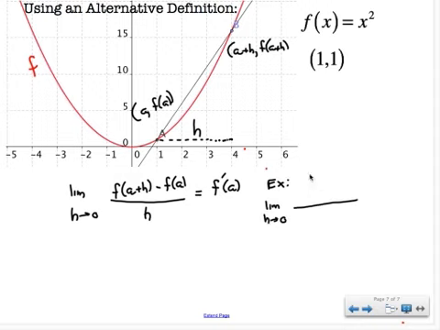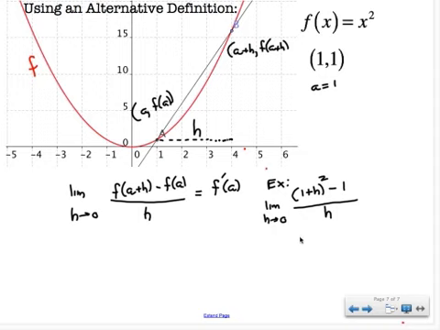Well, f(x) is x squared, and we're looking at a equal to 1, so we plug in 1 plus h into the function x squared, and you get (1 plus h) squared, minus f(a). What's a? A is 1, so f(1) is 1, and you'll be dividing by h. We do a quick plug-in, and we notice we get 0 over 0 as we should expect. So we've got to do some work here.